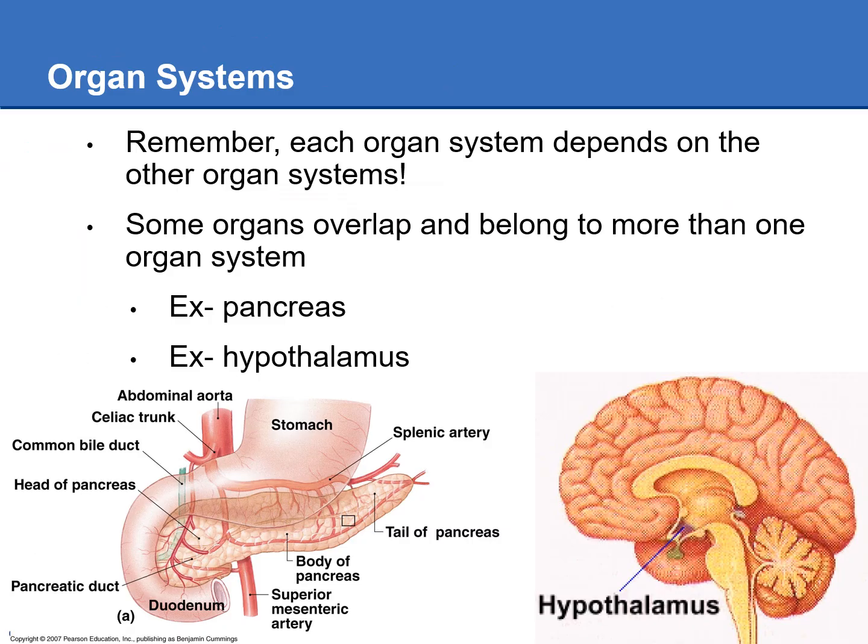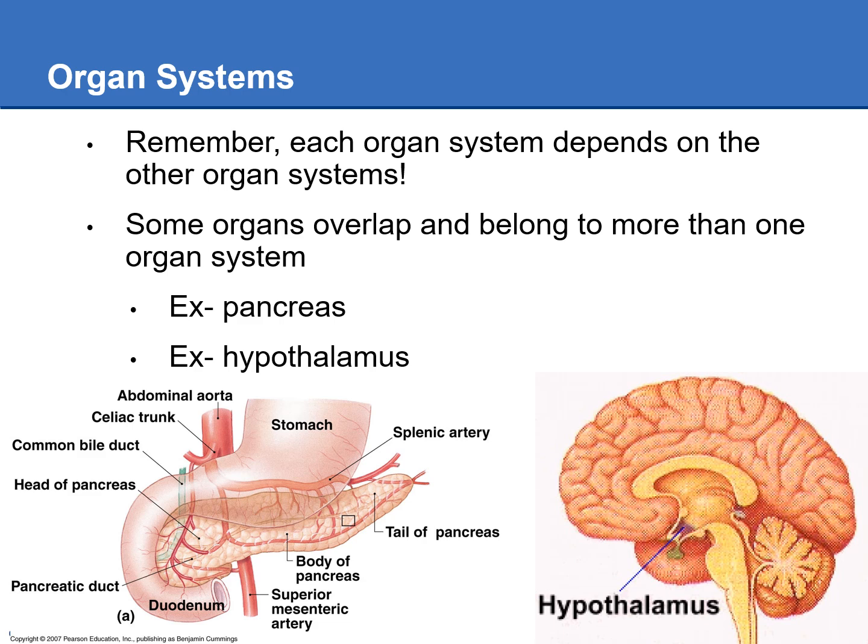Okay, and then just remember, big picture, that the organ systems all interact with each other and depend on each other. And if you have one not working, it will affect other organ systems, like we talked about in the first video.